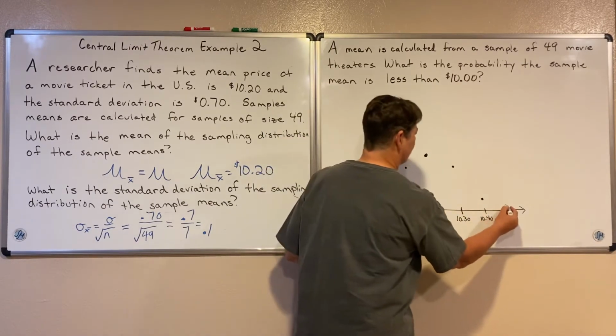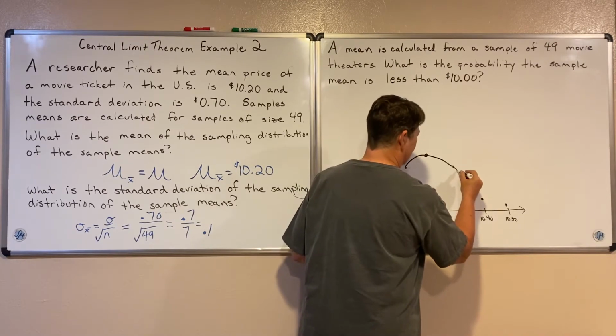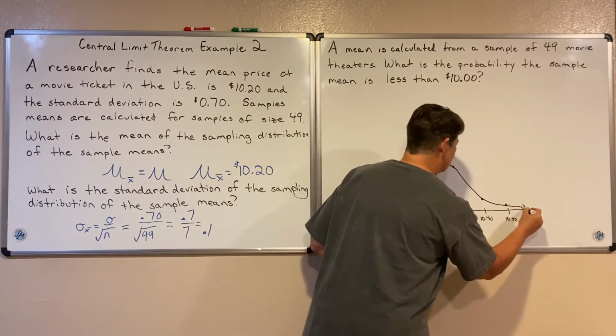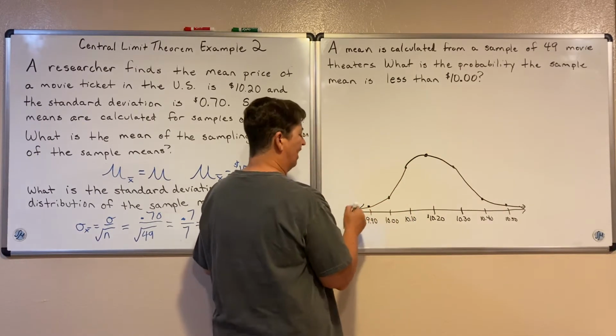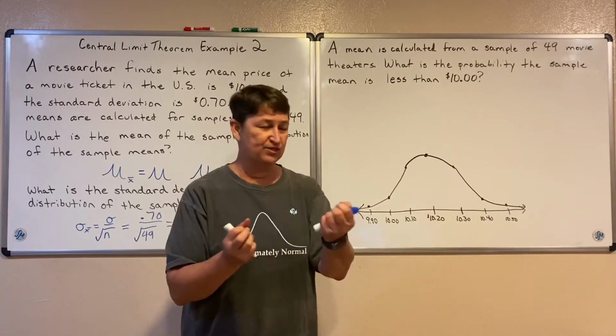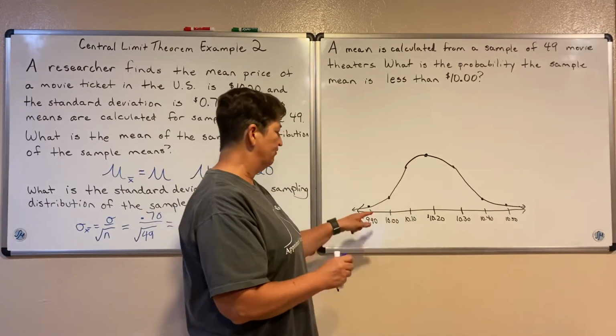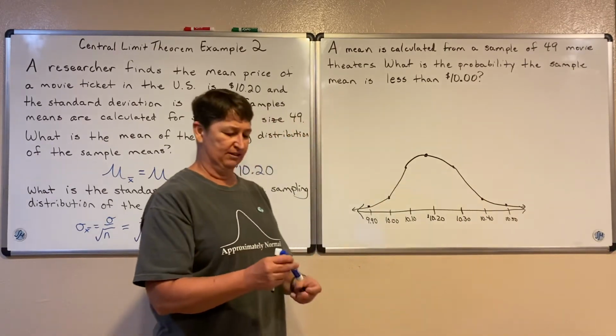So it looks something like this, where I connect my little dots, and I have a normal distribution, a bell-shaped curve, where I've collected movie prices from groups of 49 movie theaters, found the mean of those movie theaters and put them on there. And that data looks something like this.